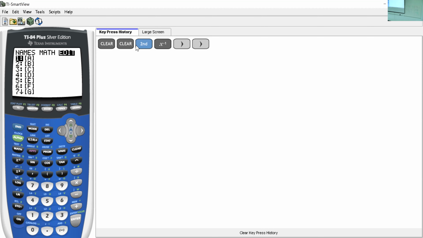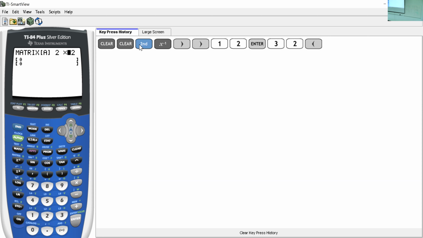Select one, that is my first matrix, my A matrix, and A is 2 by 2, 2 rows, 2 columns. So 2, 2. Good. Now we just have to fill in the numbers. 1, 1, 3, 2.